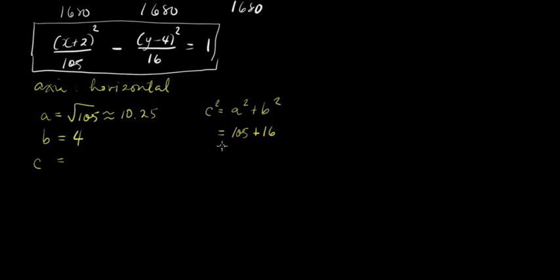So 105 plus 16 is 121. And let's get the root of both sides. So we have c is equal to plus or minus 11. But we'll just need to get the positive one because c is a distance. It's the focal distance. So for this, we have c equals 11.